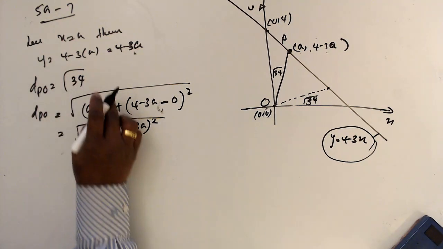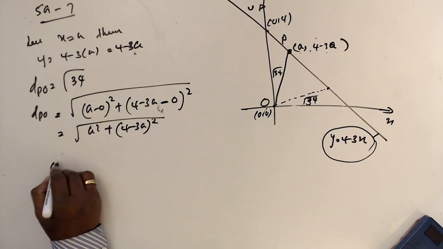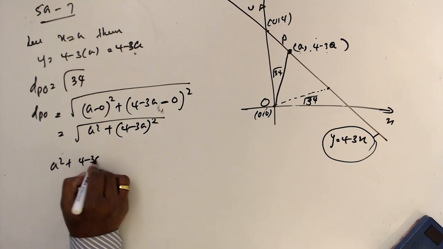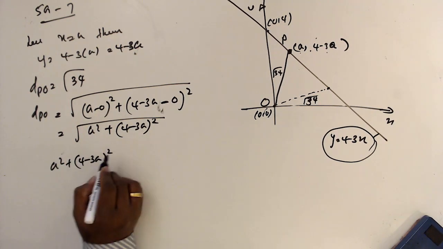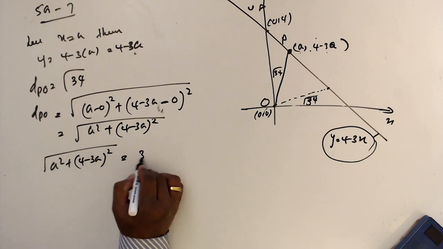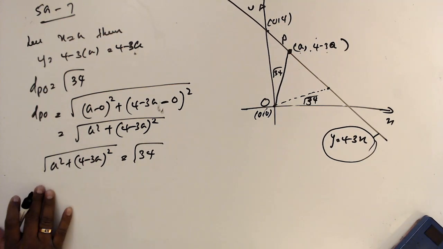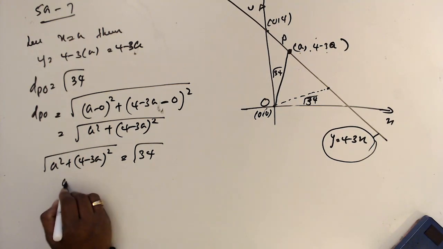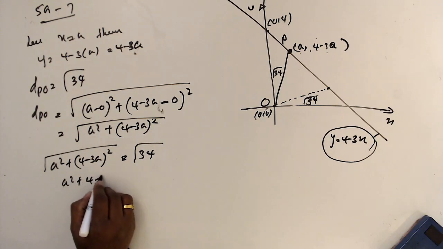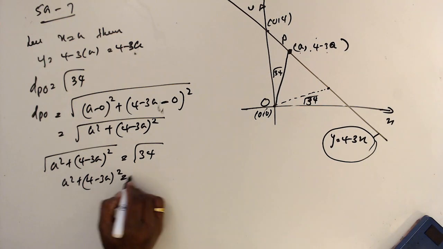Now those two are equal. Hence a squared plus (4 minus 3a) squared equals 34.